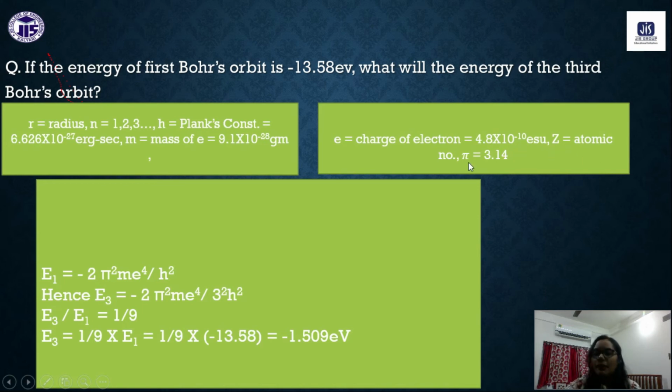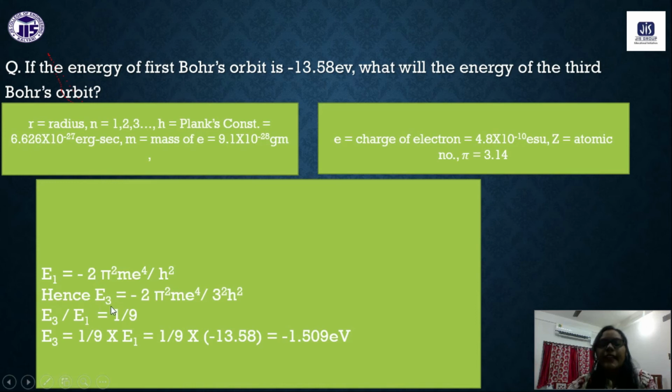Z is the atomic number, and pi is 3.14. And also we know E1, the energy. What is the energy expression for E1 for hydrogen atom? That is minus 2 pi square m e to the power 4 by h square.